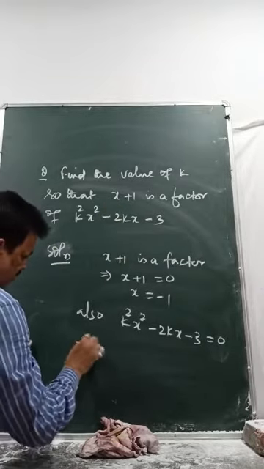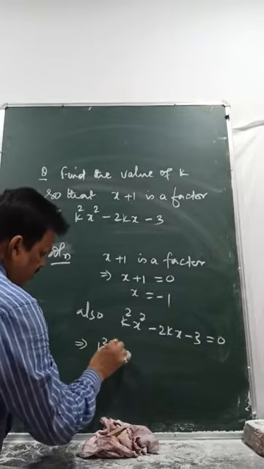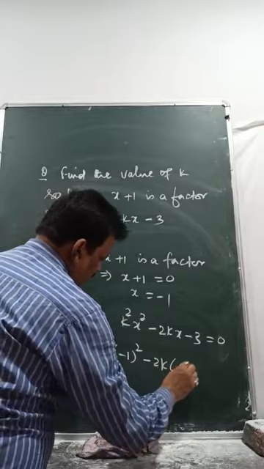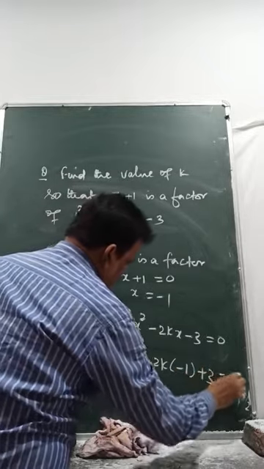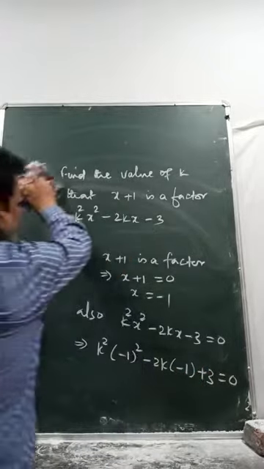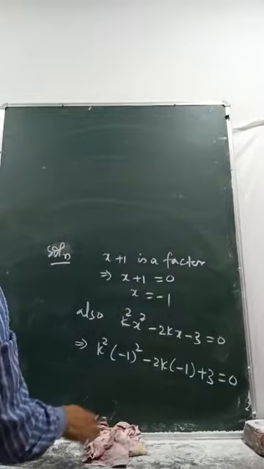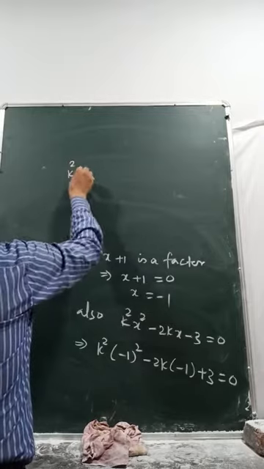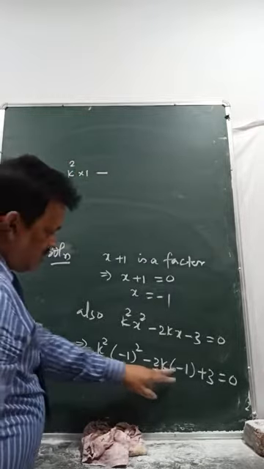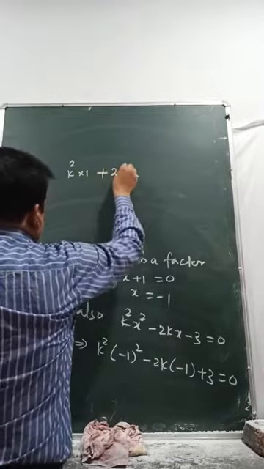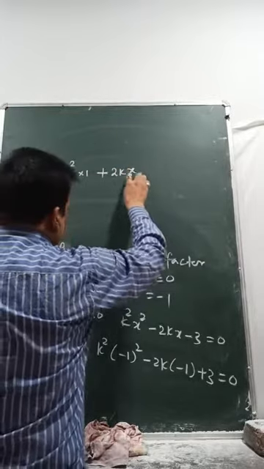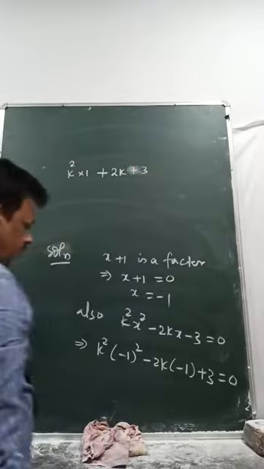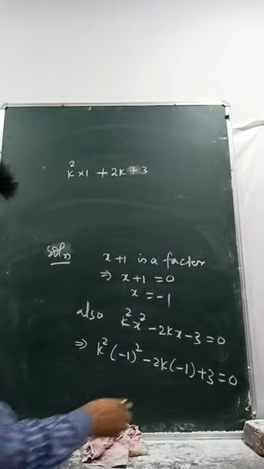So k square into minus 1 square minus 2k into minus 1 minus 3 equals 0. What do you get? Minus 1 squared is 1, k square into 1, minus into minus is plus 2k, then minus 3. Sorry, minus 3 here.